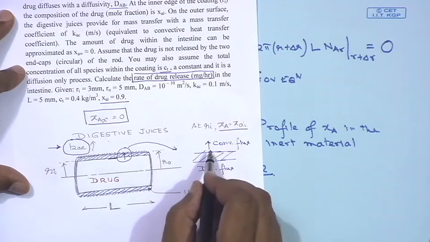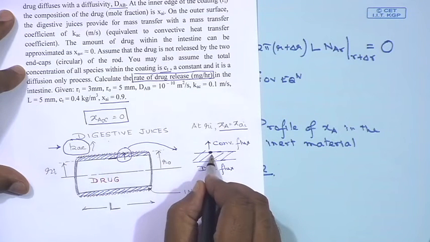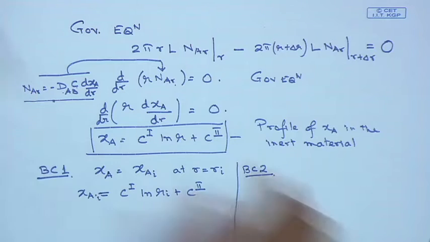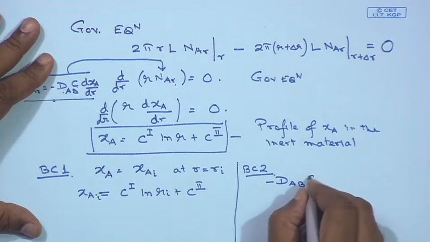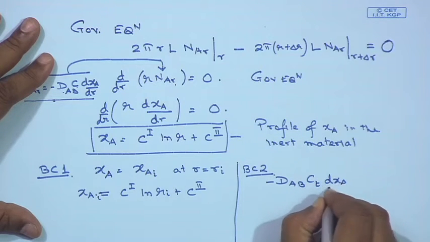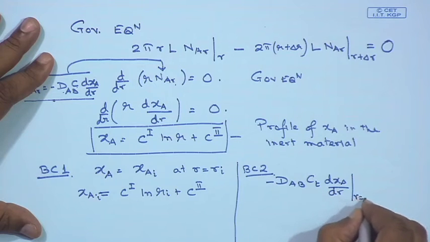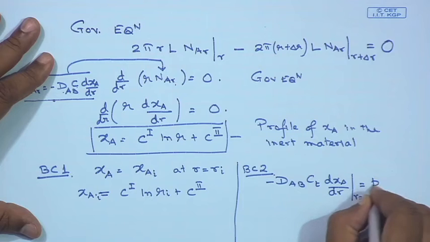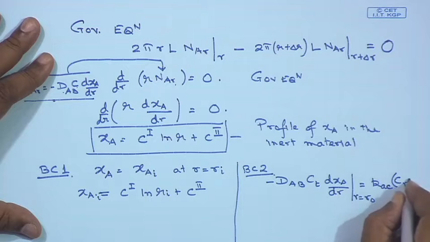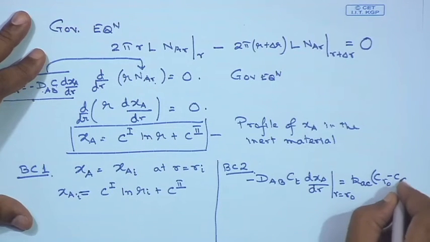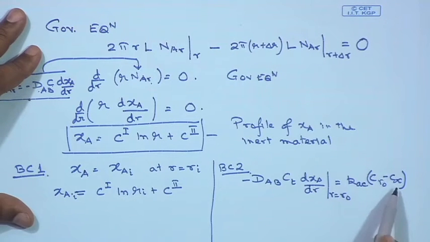If we write the equivalent of Newton's law to denote the convection of species and Fick's law for the diffusion by which the drugs reach this point, the convective-diffusive boundary condition together would give us minus D_AB times total concentration times dx_A/dr evaluated at r equals r_0 is equal to k_c, that is the convective coefficient, times concentration at r_0 minus concentration at infinite distance.